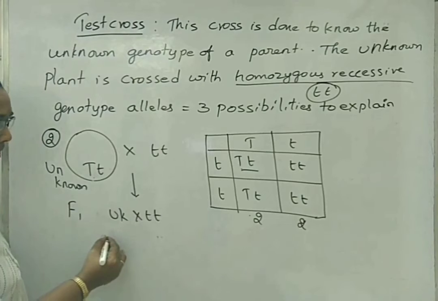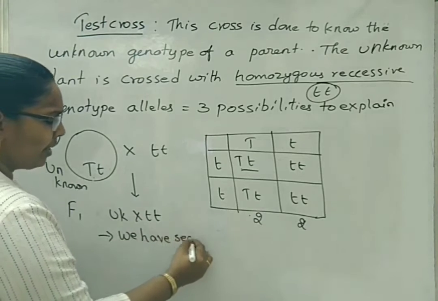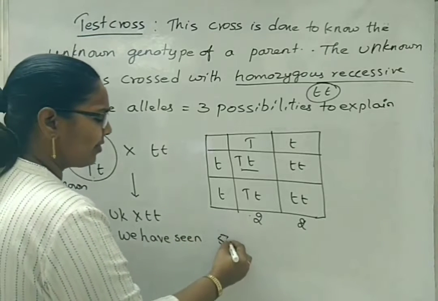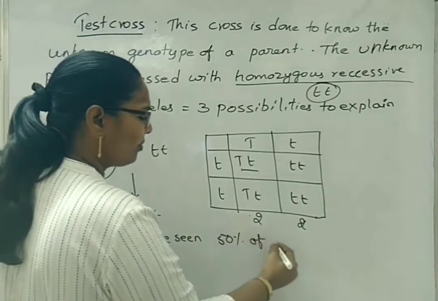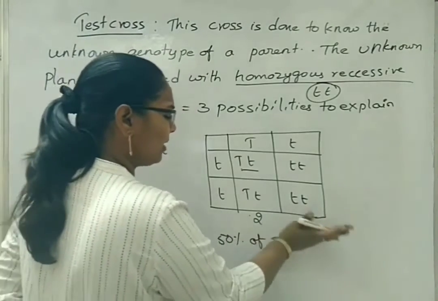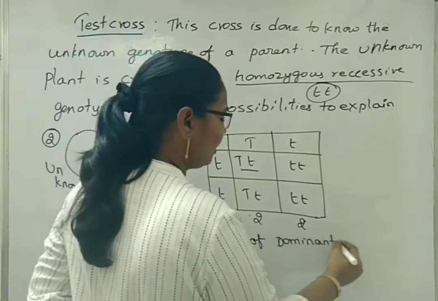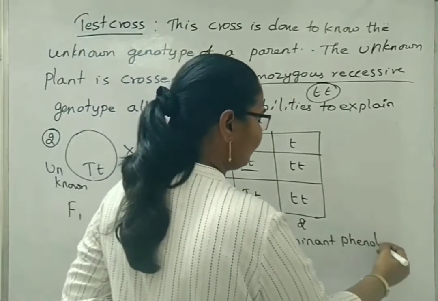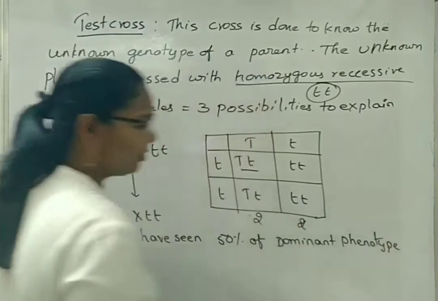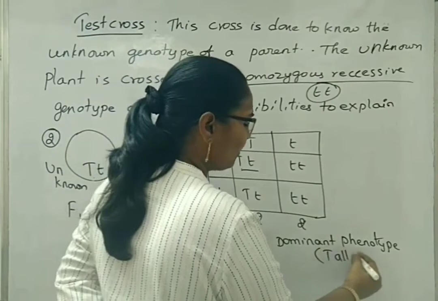Now if we write, we have seen 50% of dominant phenotypic character, the dominant phenotype, that is we can call tall plants.